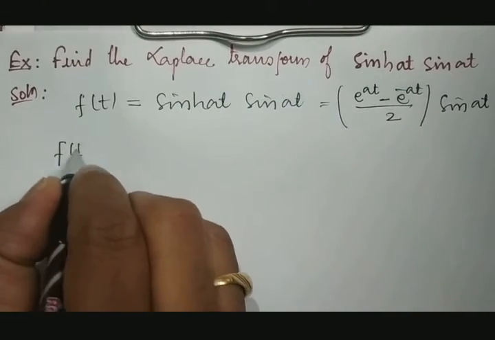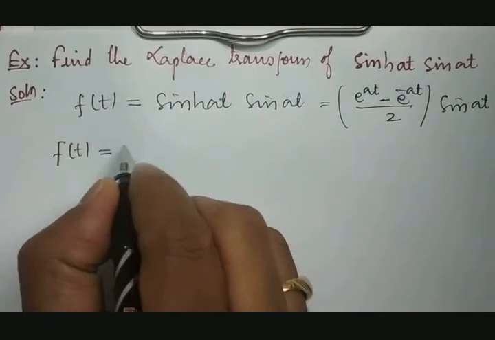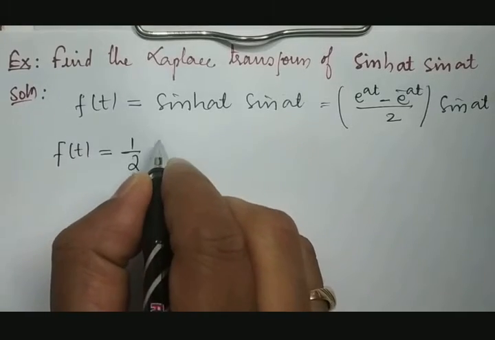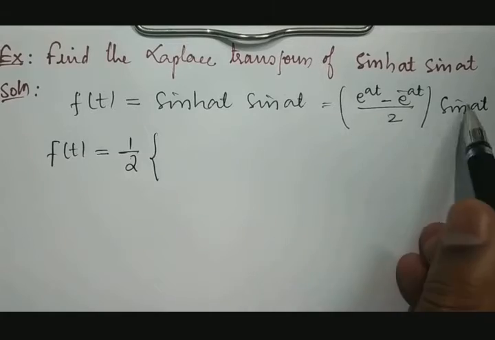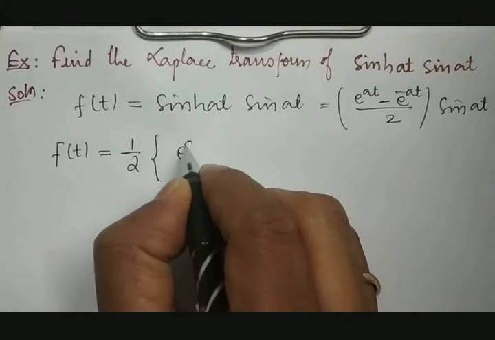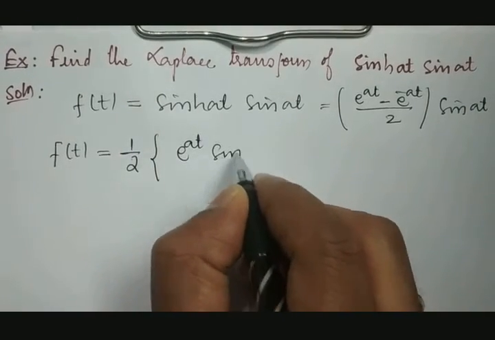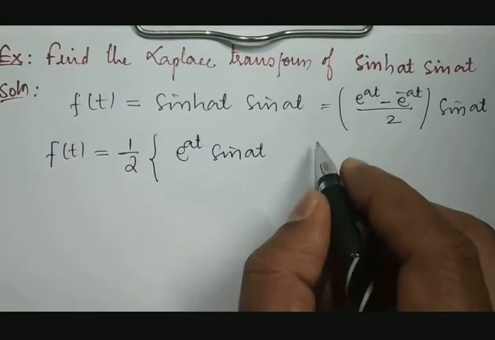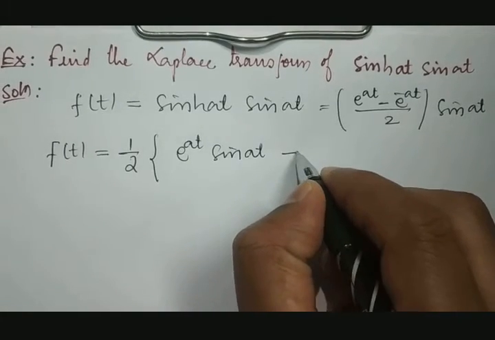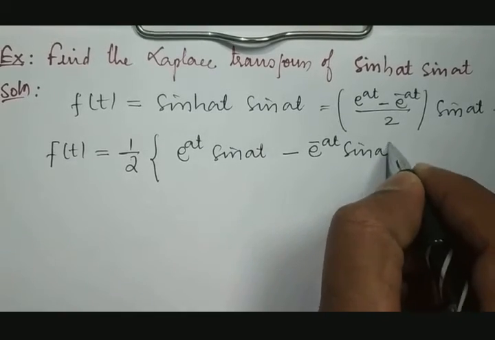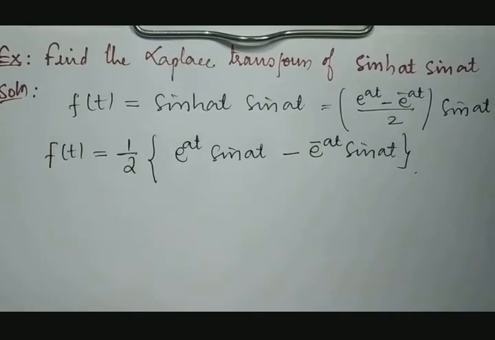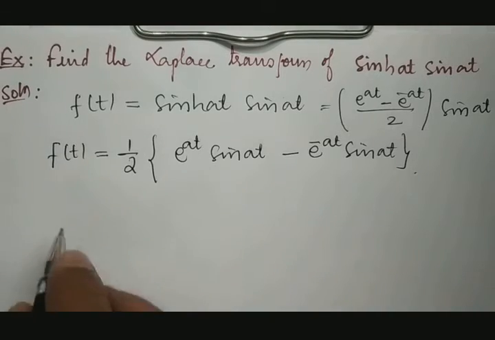Therefore f of t is equal to 1 divided by 2, taken outside as a common term, then e raised to at into sine at, minus e raised to minus at into sine at. Now apply Laplace on both sides.